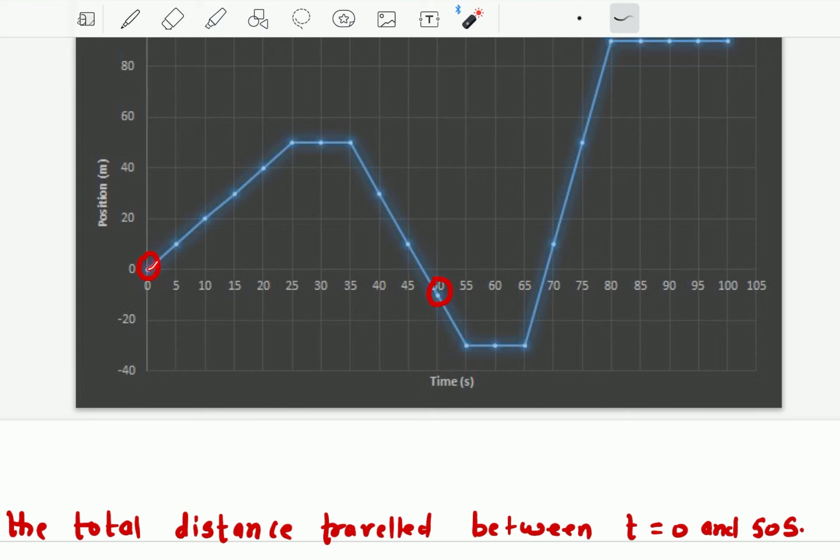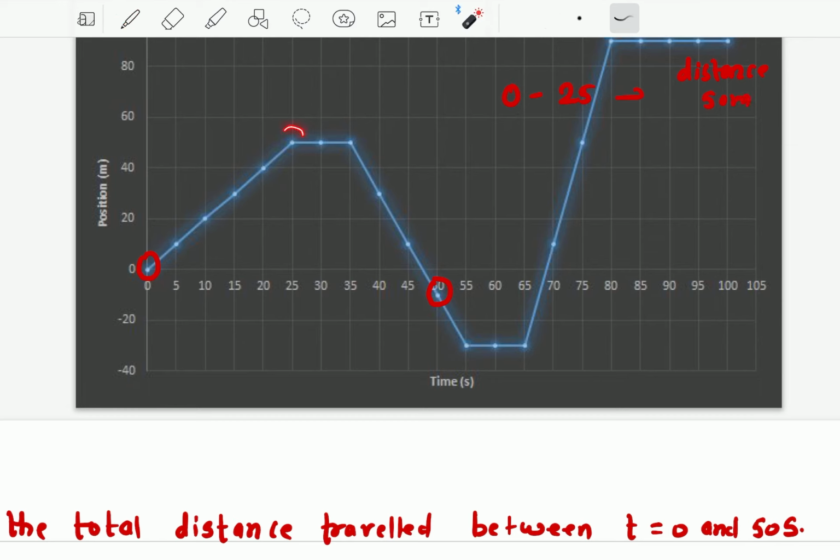Between this time window, 0 to 25 seconds, the object has moved 50 meters. You can clearly see at 25 seconds the corresponding position is 50 meters. So 0 to 25 seconds, the distance covered is 50 meters.